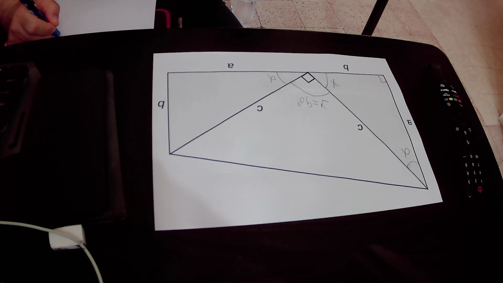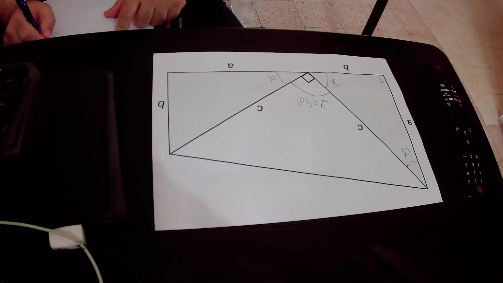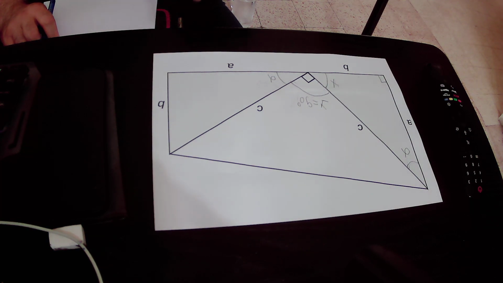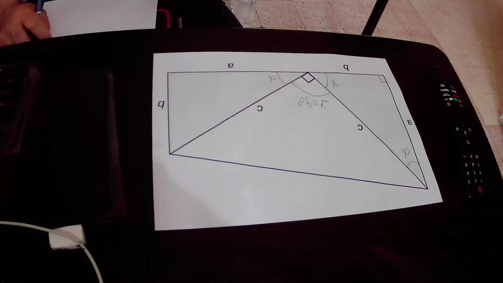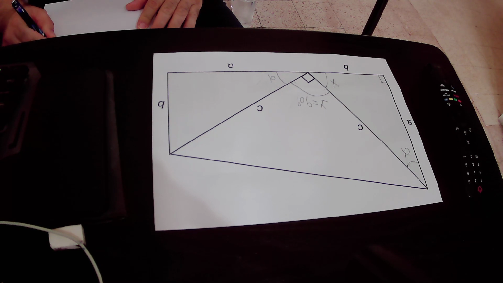So the area of the middle triangle, that is also a right triangle because it has an angle of 90 degrees, is c times c divided by 2, or c squared divided by 2. And the area of the left triangle is the base of the triangle, that is a, times the height to the base, that is b, divided by 2. So it is a times b divided by 2.